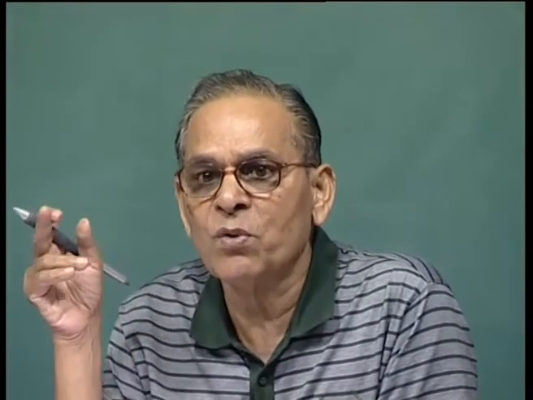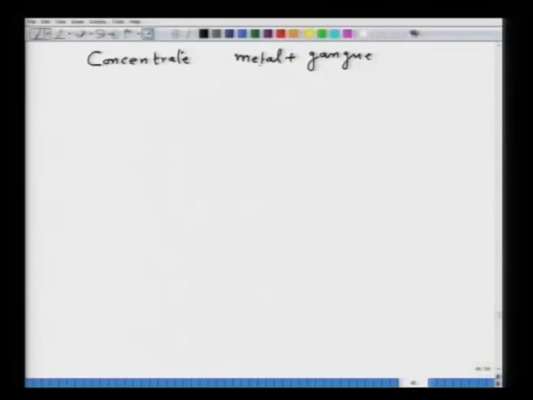The concentrate in fact contains valuable mineral, of which we are interested in finding out the metal, because for extraction purposes the oxygen or sulfur part of the valuable mineral is also a tailing or is also a gangue. That is why I am writing here metal plus gangue. Simply metal I am writing because the concentrate will be used to extract the metal, otherwise the concentrate does not contain metal. So, that point is to be clear.